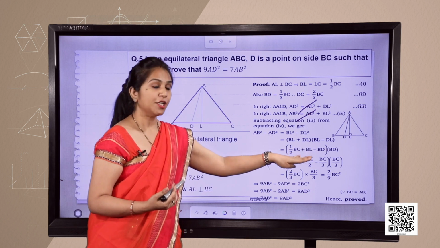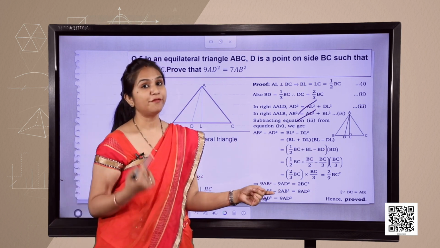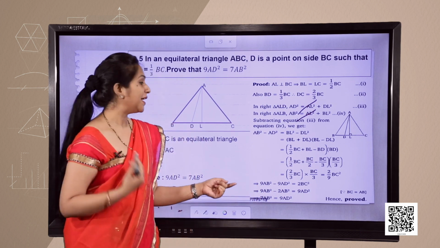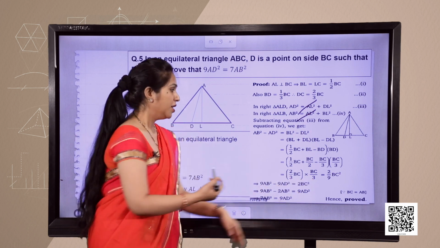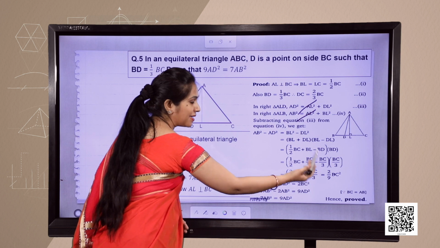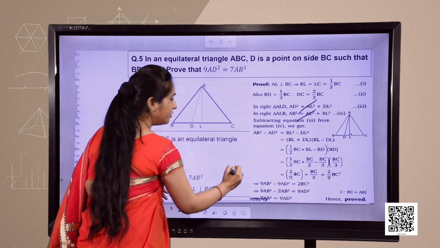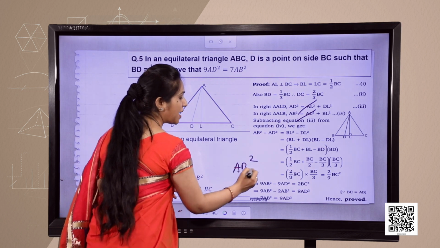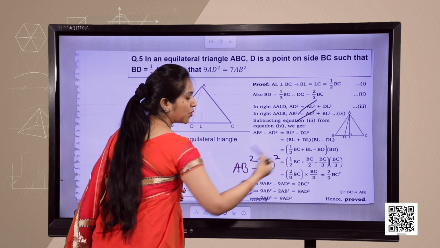Solve this bracket, you will have 4 by 6 BC, and in the simplest form 4 by 6 gives you 2 by 3 BC. Along with you have another thing, BC upon 3. So now you have BC into BC gives you BC square, 2 will remain as it is, and 3 into 3 gives you 9. Here we have AB square minus AD square, and this is equals to 2 by 9 BC square we are getting.